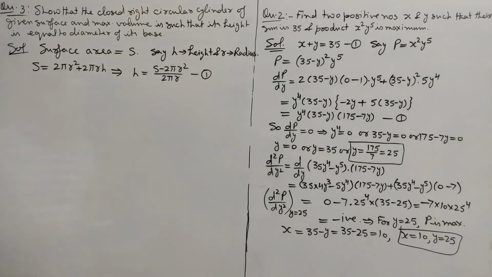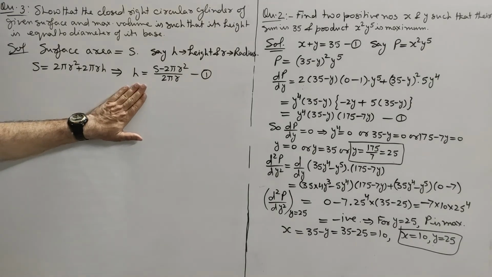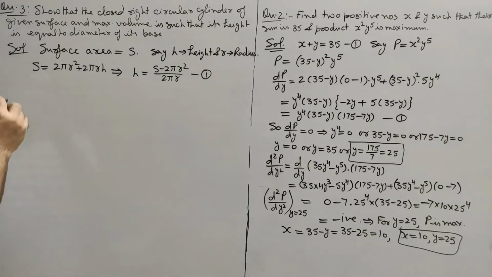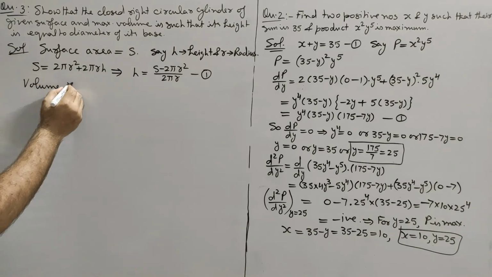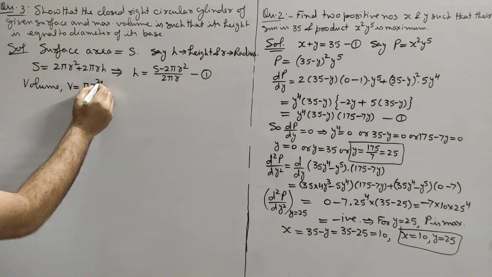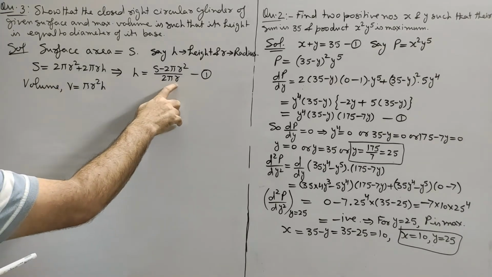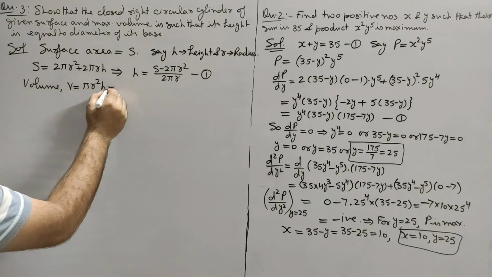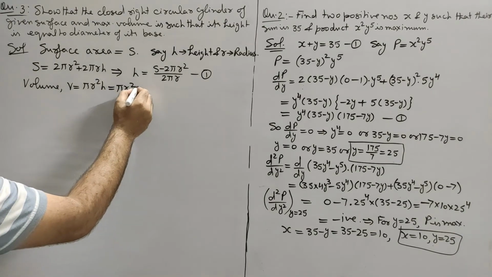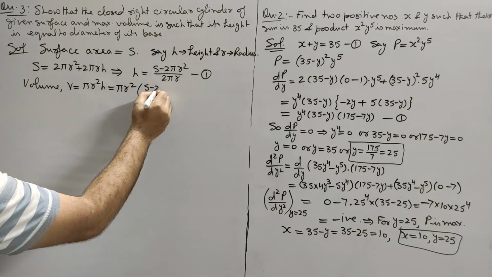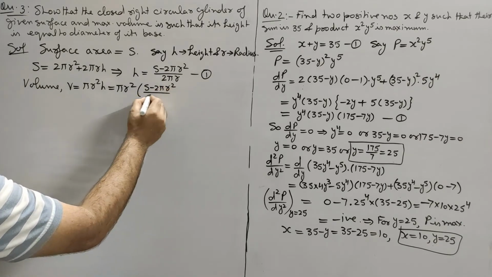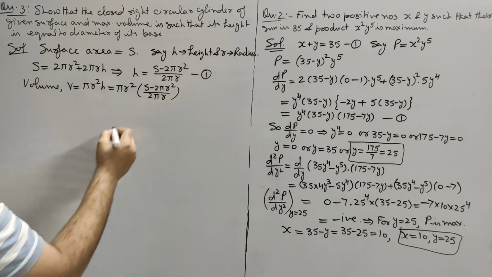It is the value of h. Now we will find out the volume of right circular cylinder, and we know that the volume V will be pi r square h. Value of h can be used from 1, so we will get pi r square, and h is S minus 2 pi r square upon 2 pi r.